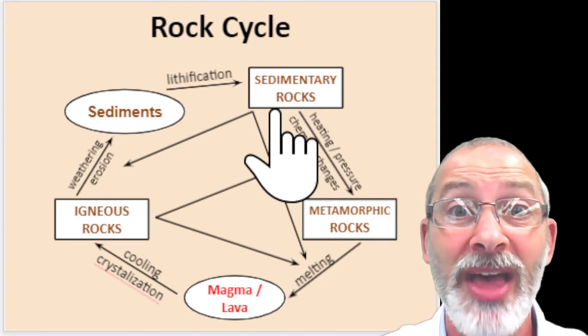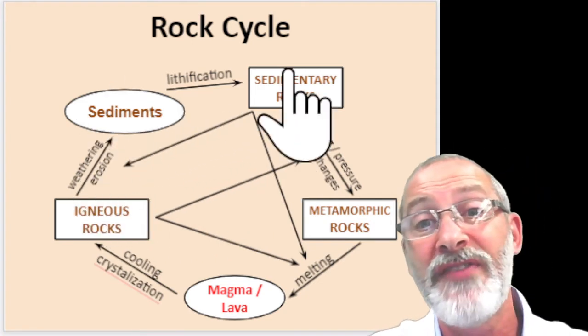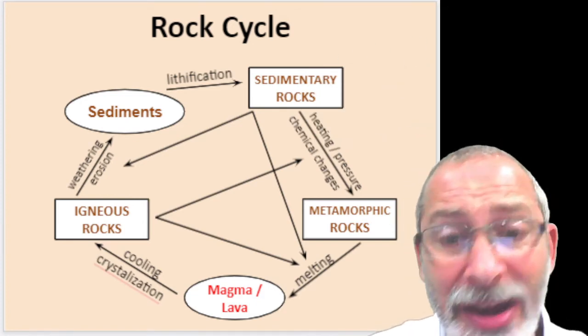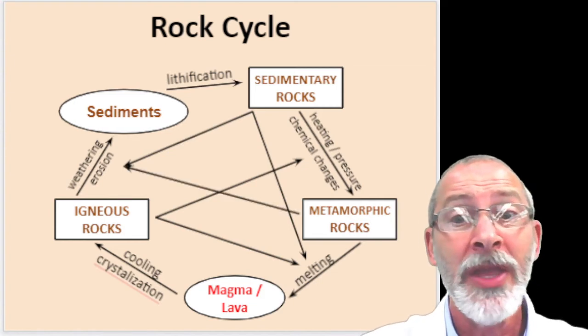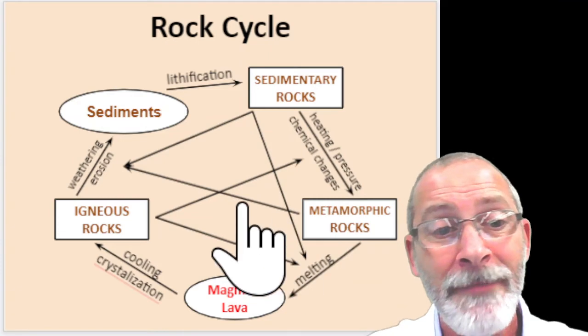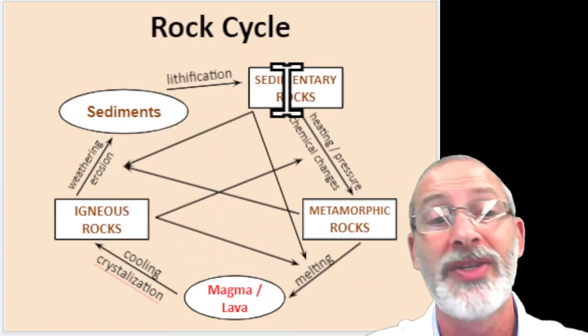Sedimentary rocks themselves can undergo weathering and erosion, turn back into sediments, lithify, and turn into other sedimentary rocks. Yes, but it doesn't end there either. Yes, there's more, because metamorphic rocks can also undergo weathering, and undergo erosion, turn into sediments, and turn into sedimentary rocks.